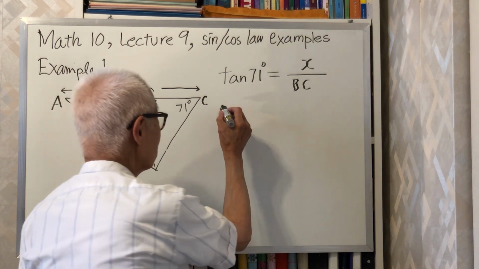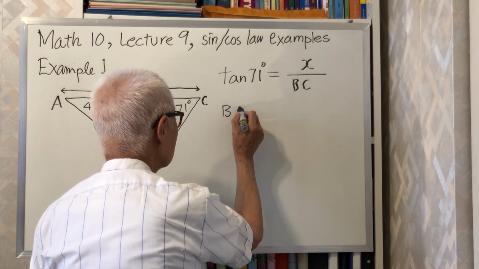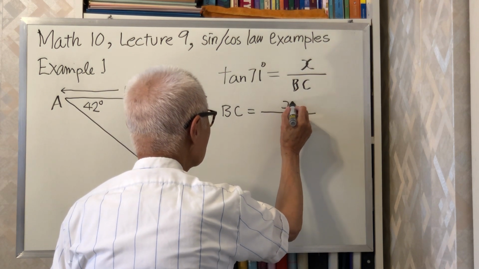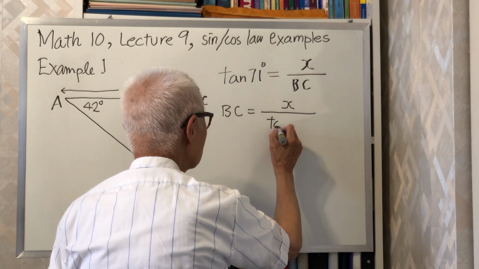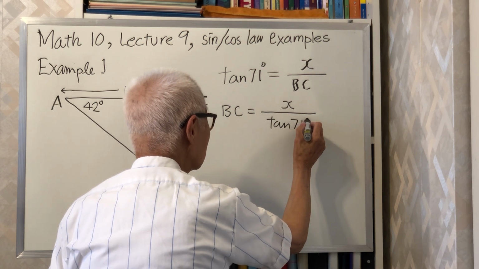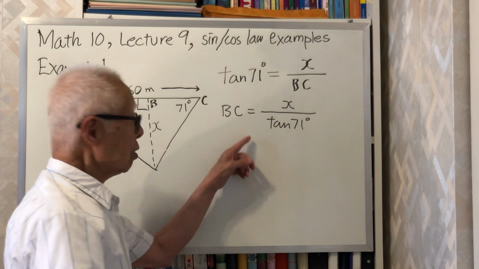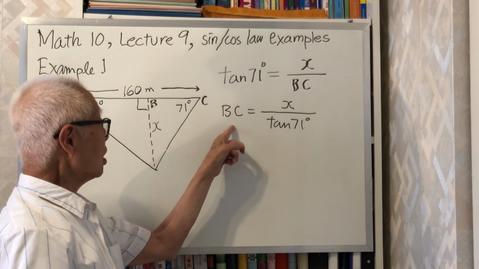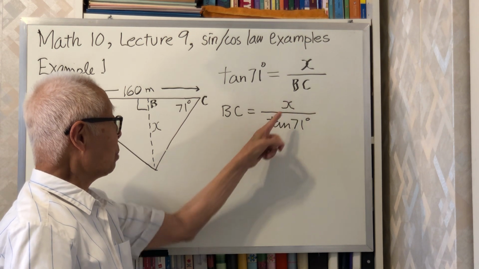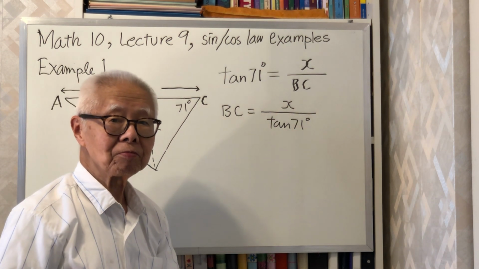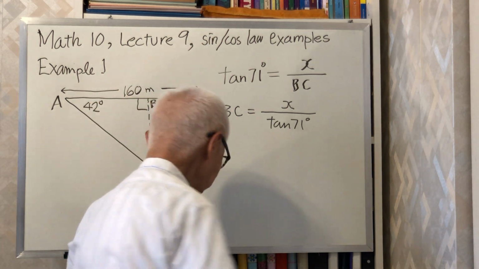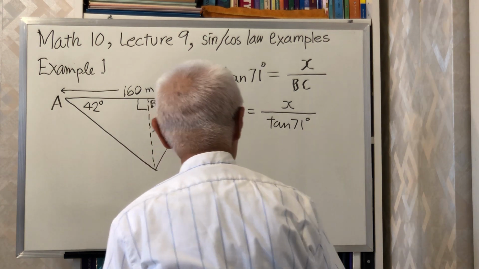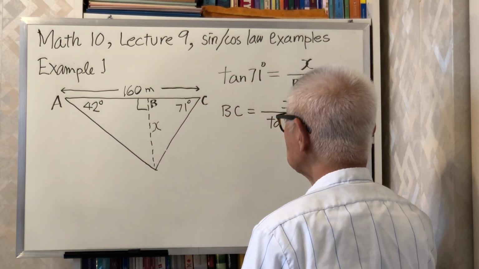Therefore, BC is x divided by tangent 71 degrees. Okay, so I'm not going to show any more detail.